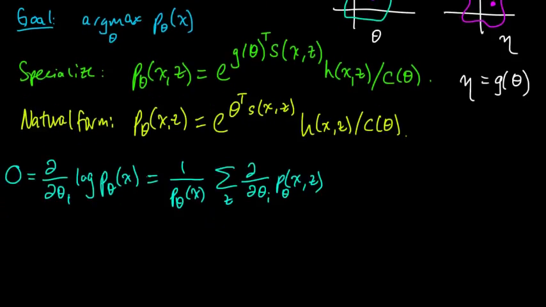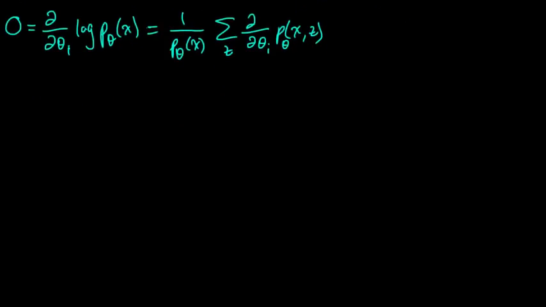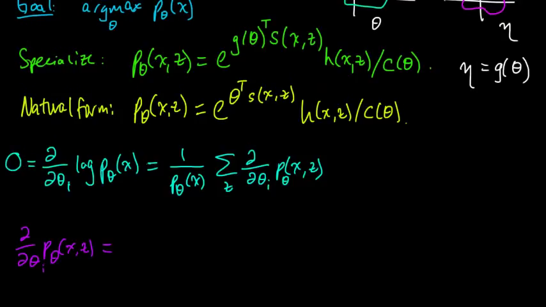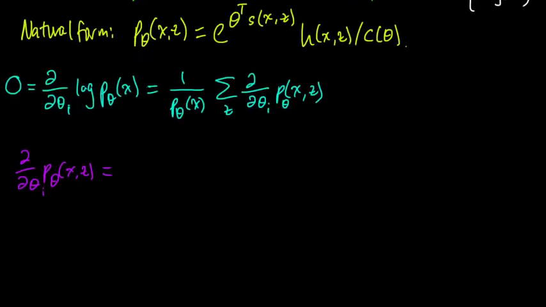So let's make an aside. We want to compute this derivative with respect to theta i of the joint distribution of x and z. So what is the joint distribution? Okay, so the joint distribution is this.